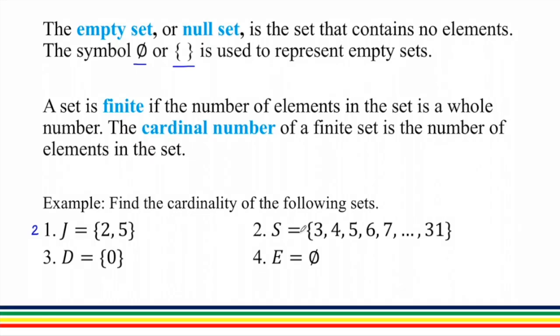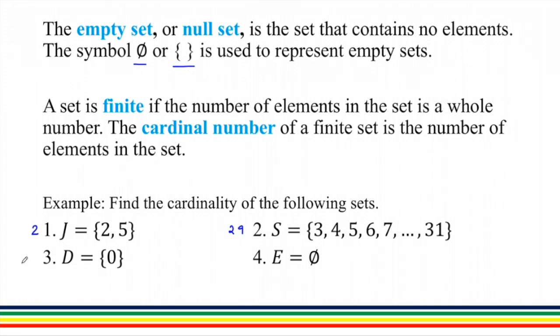How many elements is that? That is 31 minus 2, so that's 29. So there are 29 elements in the set S, which means its cardinality is equivalent to 29.